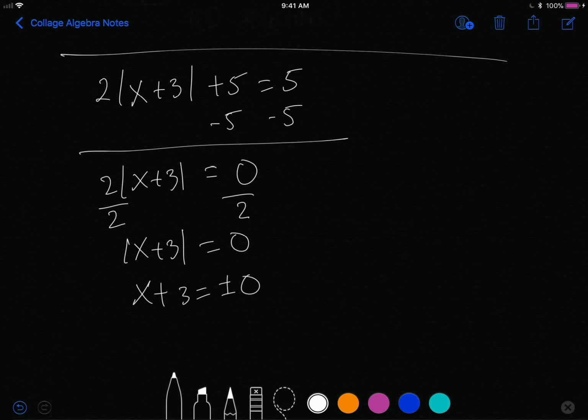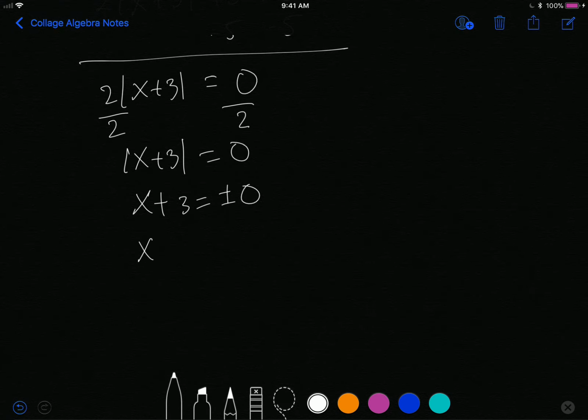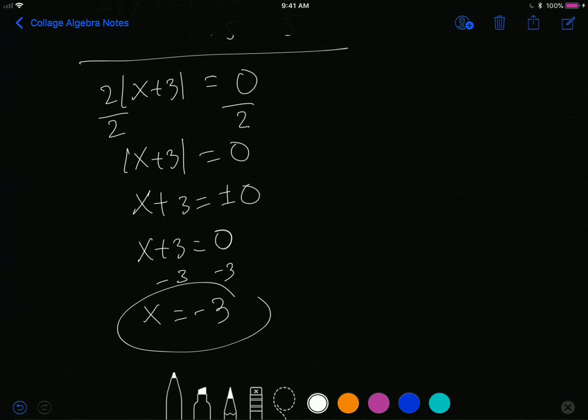Does it really make a difference adding or subtracting 0? Of course not. And so that tells us that I really have x plus 3 equals 0 as my only equation. And then I simply gotta subtract 3. Subtract 3, subtract 3, x equals negative 3, and this is the only solution.